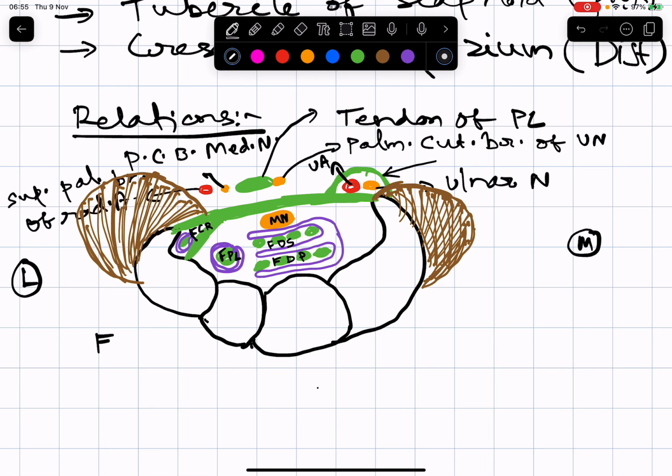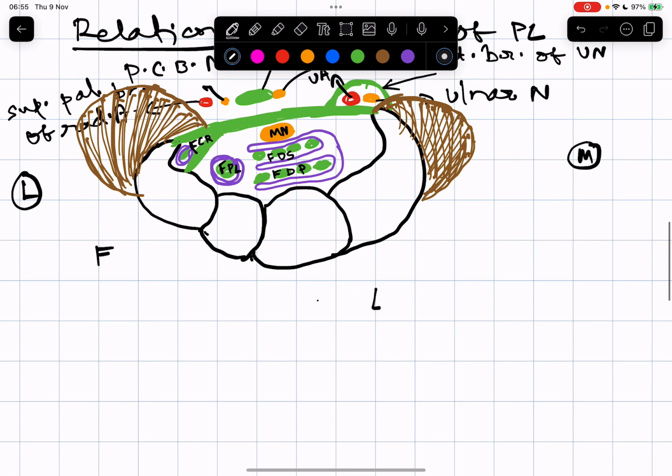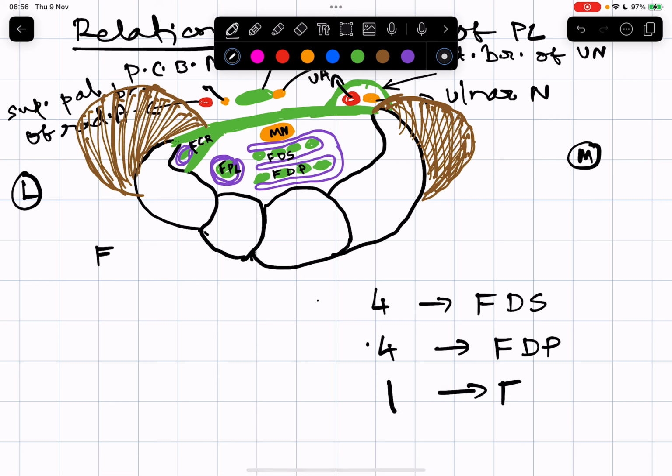So four tendons of flexor digitorum superficialis, four tendons of flexor digitorum profundus, and then we have the one tendon of flexor pollicis longus.